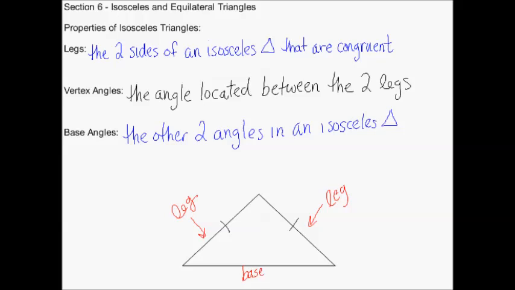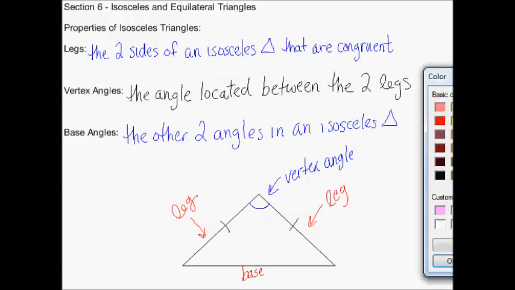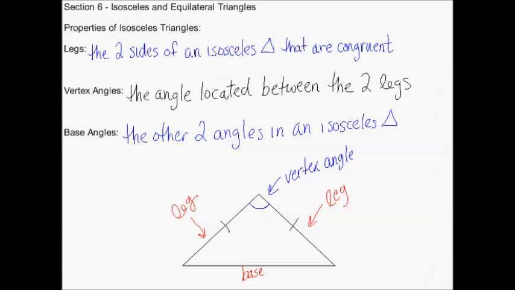Then you have the vertex angle. This is the angle located between the two legs. The other two angles are our base angles.